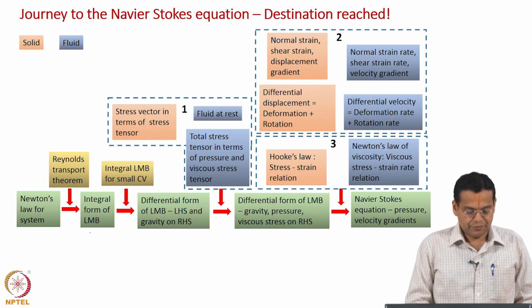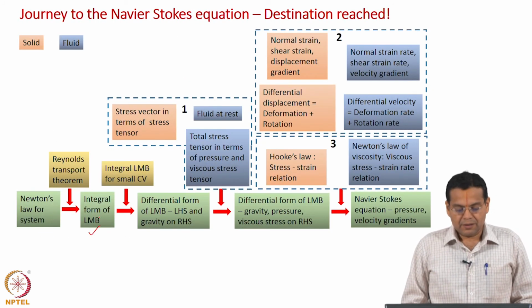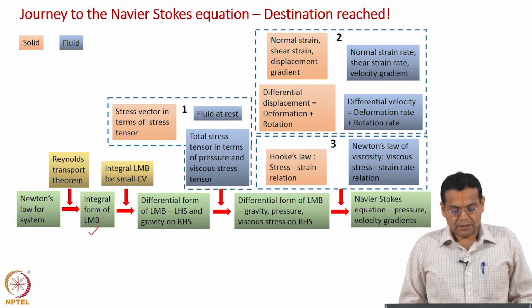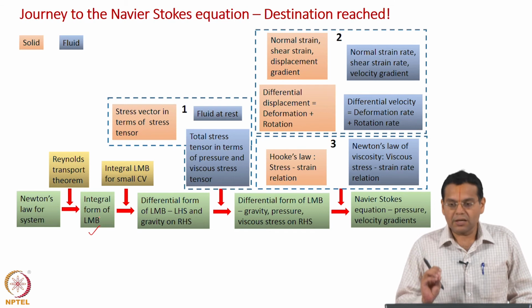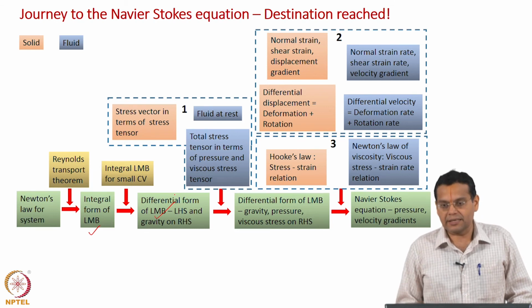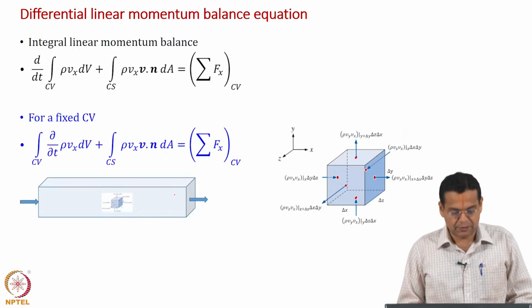So, we were here. Now, what did we do? We took a small control volume, applied the integral linear momentum balance for a small control volume, and obtained the differential form of the linear momentum balance, the left hand side and gravity on the right hand side, and that is what we will see now.